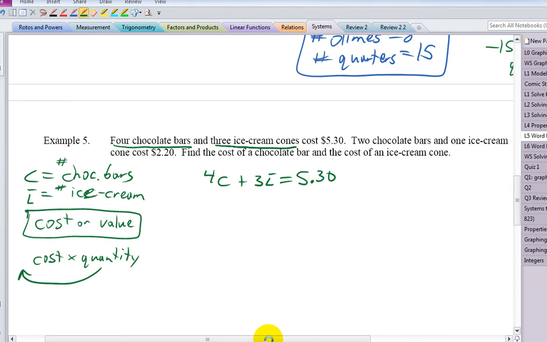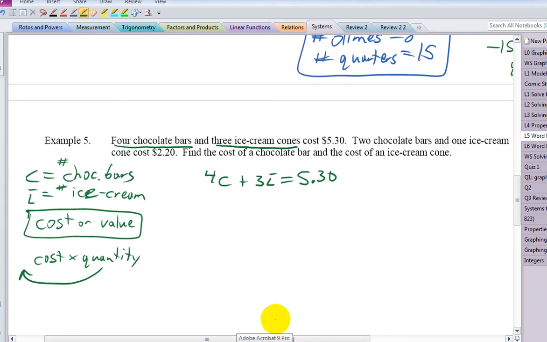Read the next sentence, do the next equation. Go. So you should get 2c plus I equals $2.20.